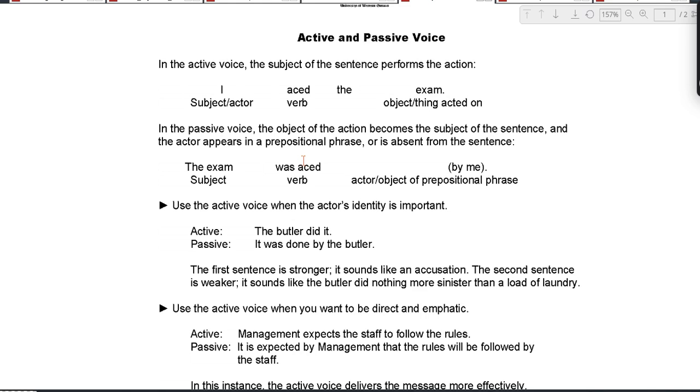Did you understand that? It will become past participle. In the passive voice, the actor appears in a prepositional phrase or is absent from the sentence. So the exam was aced by me. I becomes me.